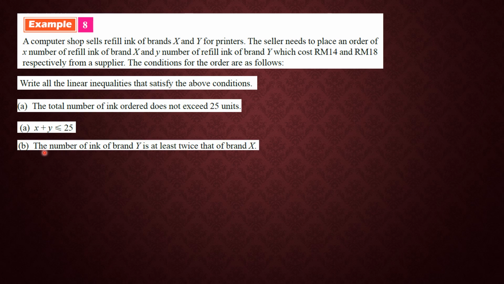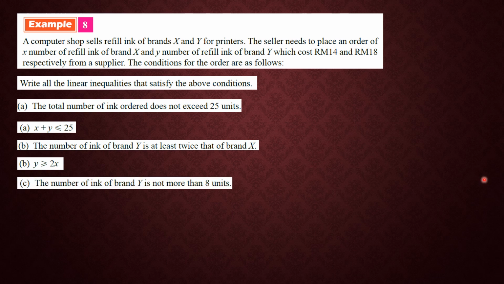Then part B, the number of ink of brand Y is at least twice that of brand X. The number that they want to order for brand Y, here is Y, must be at least twice, sekurang-kurangnya 2 kali daripada X. That's why y ≥ 2x.